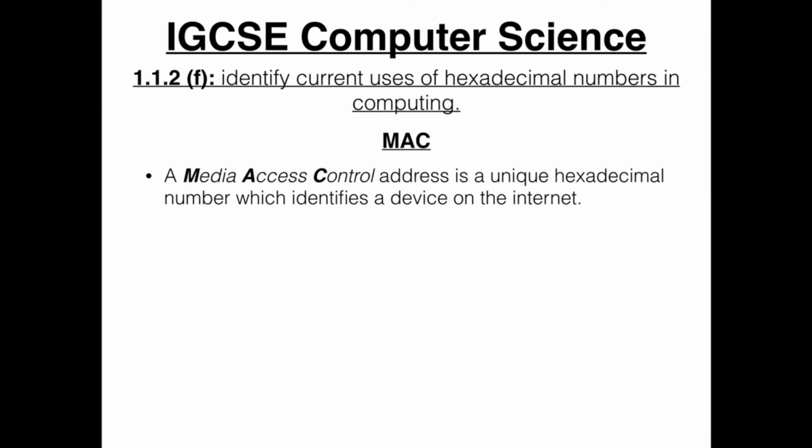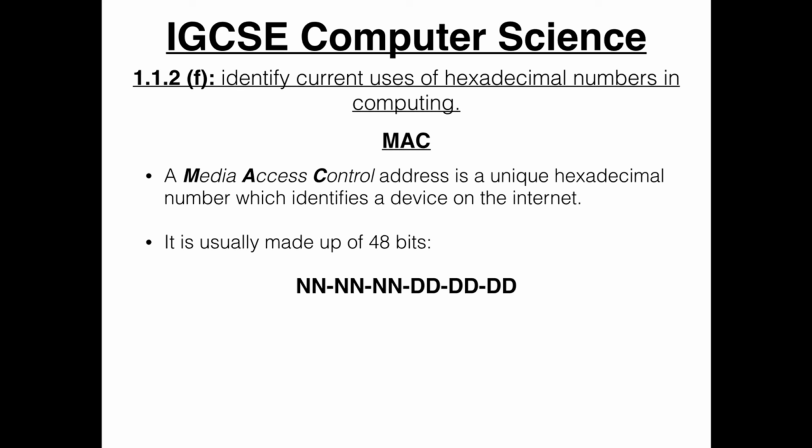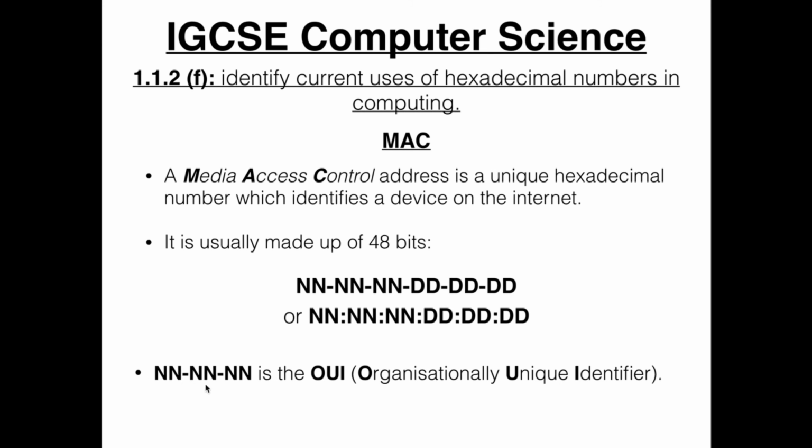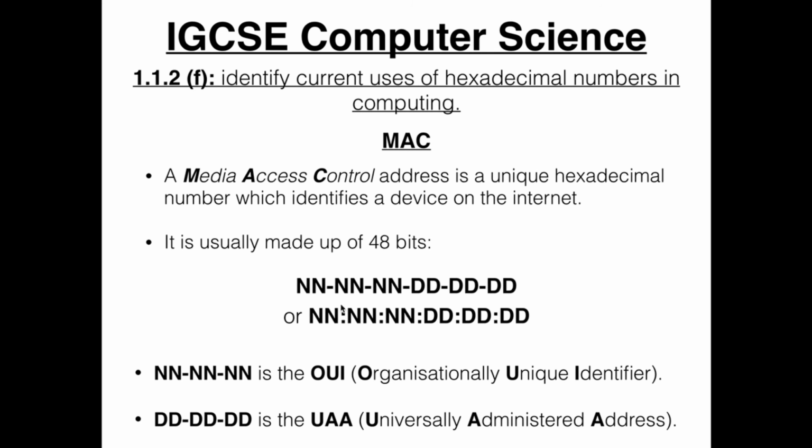MAC, Media Access Control addresses, basically. It's a unique hexadecimal number which identifies a device on the internet, and it's usually made up of 48 bits, like this, or like this. The 6 N's in the front is the OUI, or the organizationally unique identifier, and the 6 D's is the UAA, or the universally administered address.